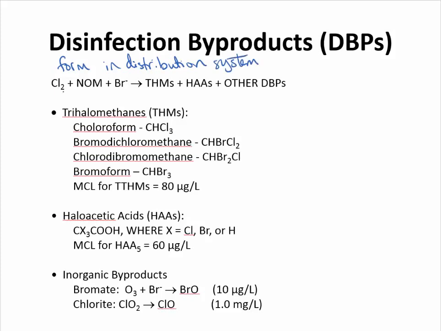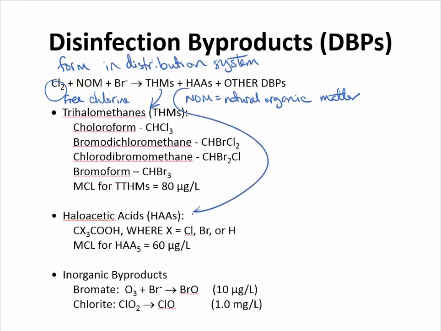These form when free chlorine reacts with natural organic matter, NOM, or when bromide, which is not as common, reacts with natural organic matter to form trihalomethane, haloacetic acid, HAAs, or other disinfection byproducts, which may include bromate or chloride.